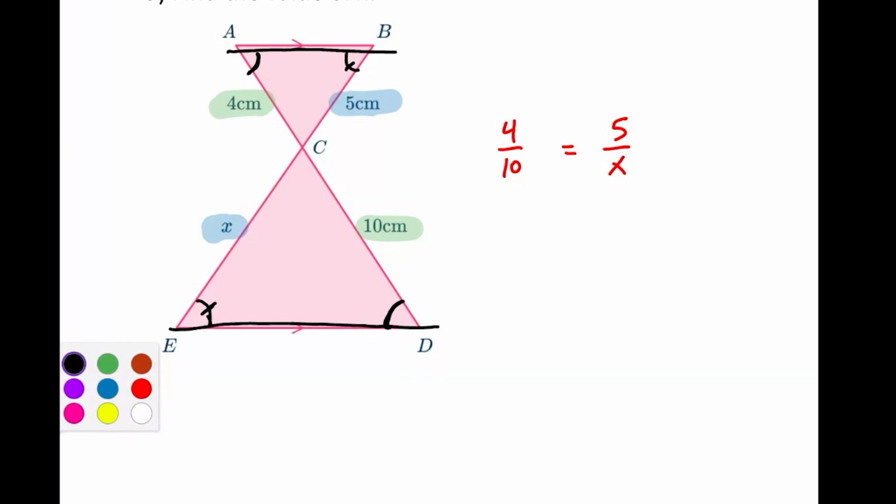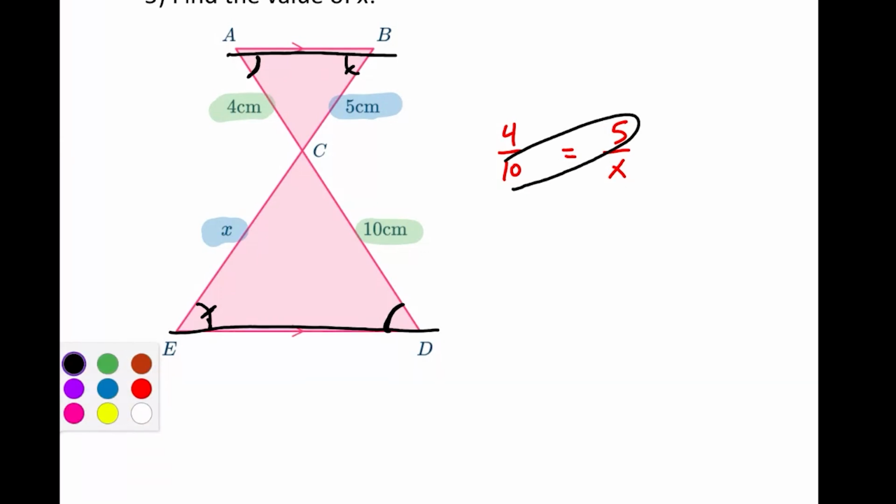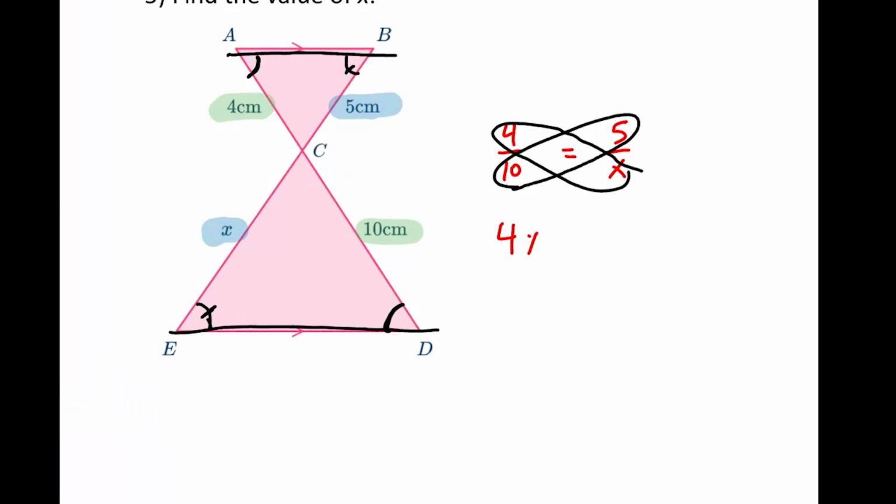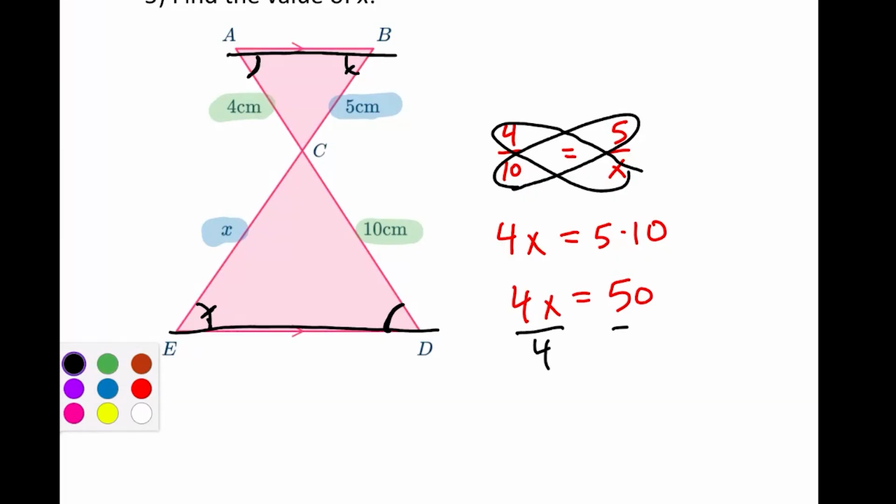So we can solve this the same way we solve the other problems with cross multiplication. So we're going to multiply 4 times x and 5 times 10. 5 times 10 is 50. And then we just need to divide both sides by 4. And we get x equals, what would that be? Oh, that's going to be a decimal, isn't it? 50 divided by 4 is 12.5.